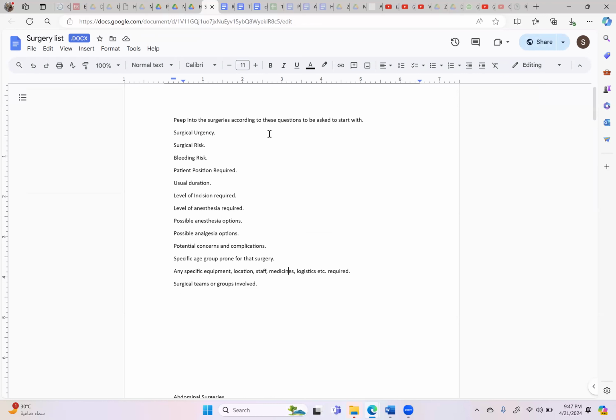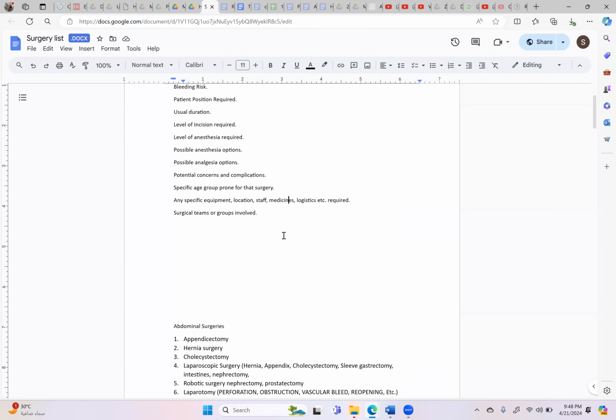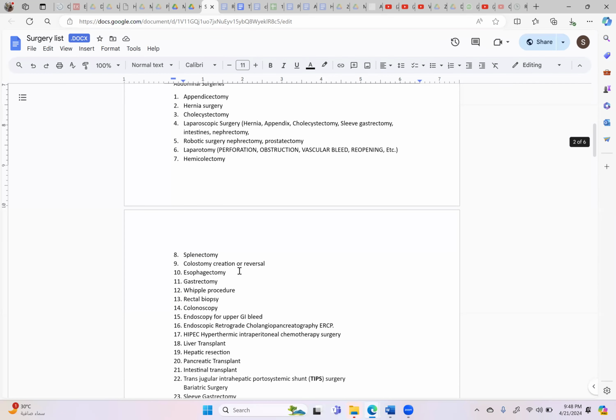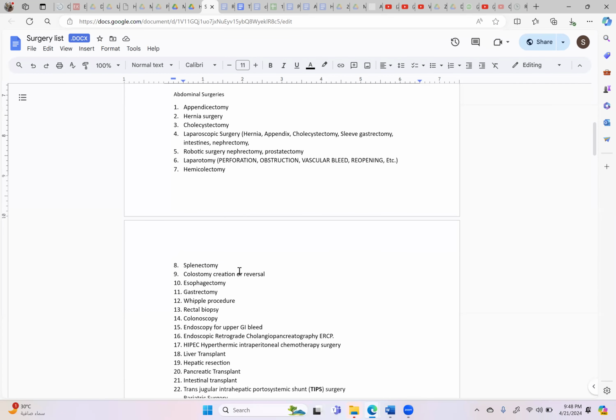Look into the surgeries according to surgical urgency, surgical risks, bleeding risk, and with reference to analgesia, where the block is done and what the required things are. So you should know about this. Have a look at these surgeries with this window. If you open these windows for all these surgeries, one component of your exam will be covered in a very nice way.